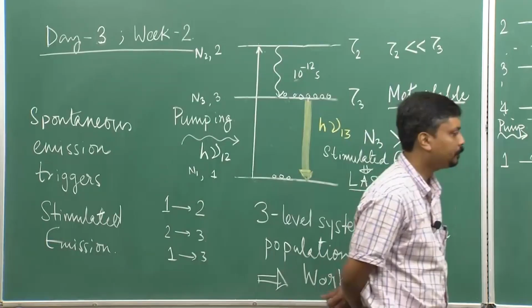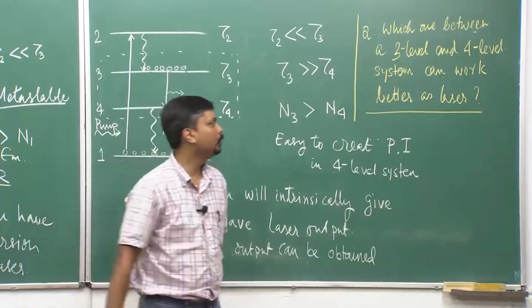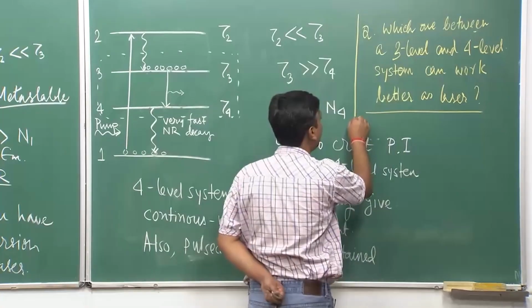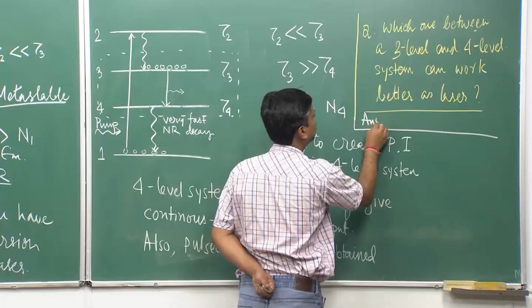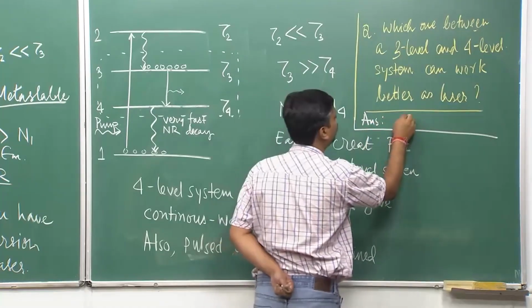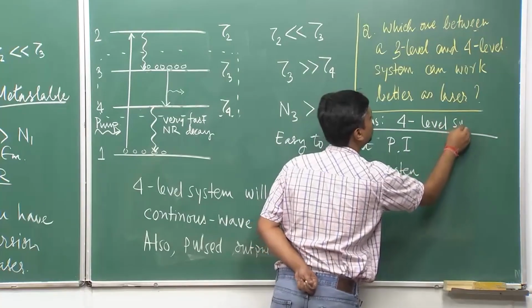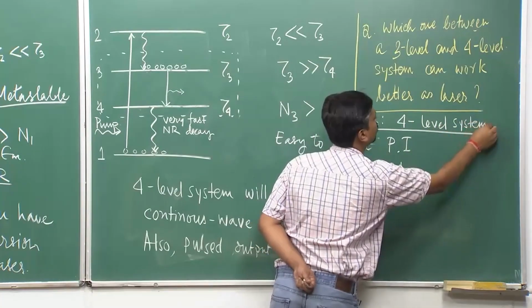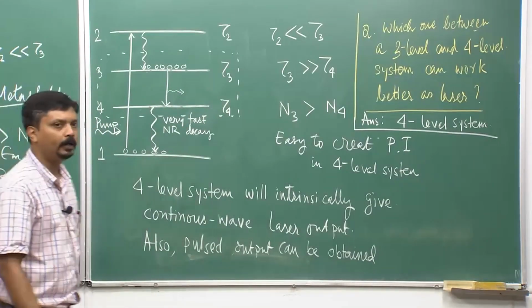So it is obviously the four-level system, right? So here we had the question, and here I have the answer, that is four-level system. So four-level system will work better. Why?